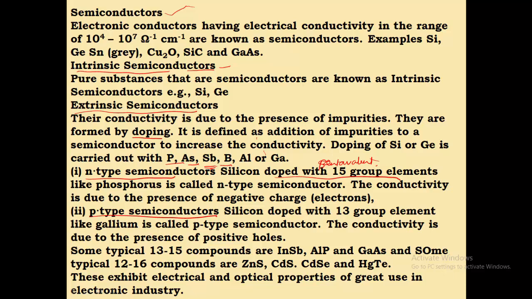And P-type semiconductors are obtained by addition of impurities which belong to the 13th group, such as gallium. And here the conductivity is due to the presence of positive holes.